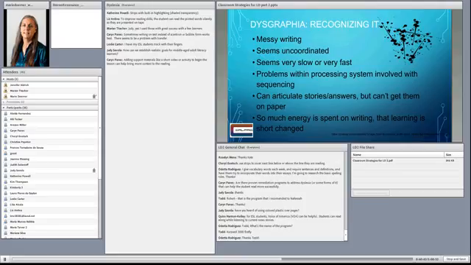These students often can articulate stories and answers, but they can't get them on paper. So much energy is spent on the writing and the spelling that the learning is shortchanged, and in the content of their writing, they'll often choose easier words rather than try and spell a more difficult word.